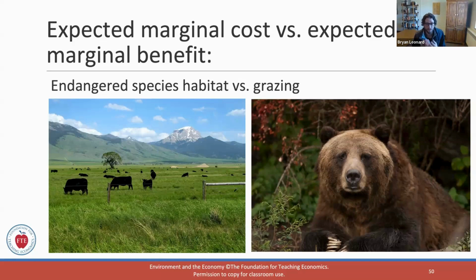The rationale for protecting an endangered species is that there's what's called existence value to those species. A lot of us might care about grizzly bears, even though we'll never see one. I spend a lot of time backcountry fishing in this part of the world, and I hope to not run into one, right? I actually don't want to see a grizzly bear up close and personal, but we may get some utility, some benefit, from knowing that these things exist in the wild.